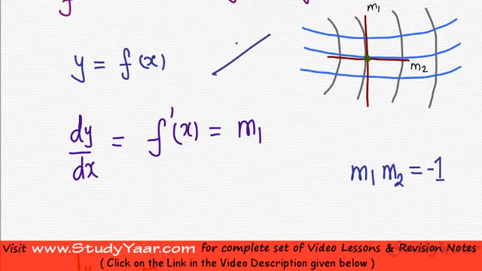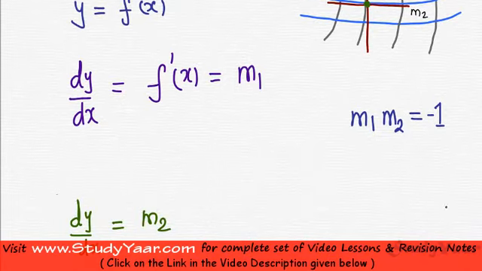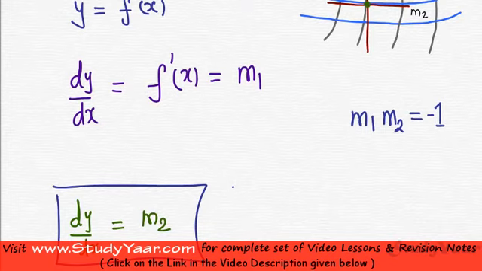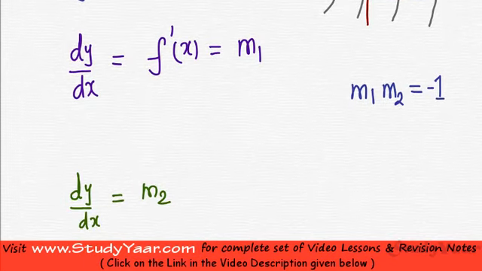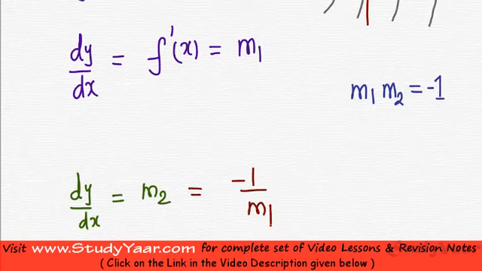Two lines that are perpendicular to each other have slopes defined by this relation. Therefore the slope of the other tangent, m2, is equal to minus 1 upon m1.